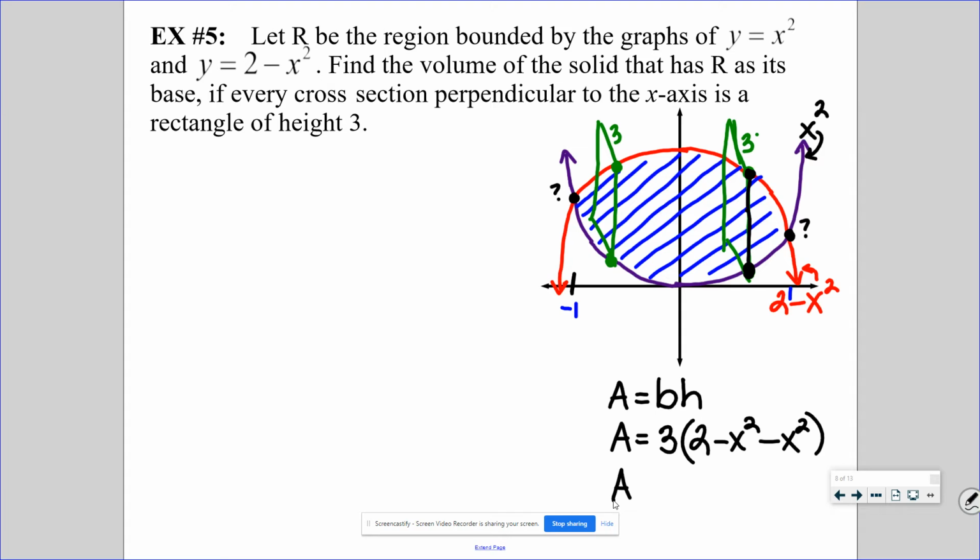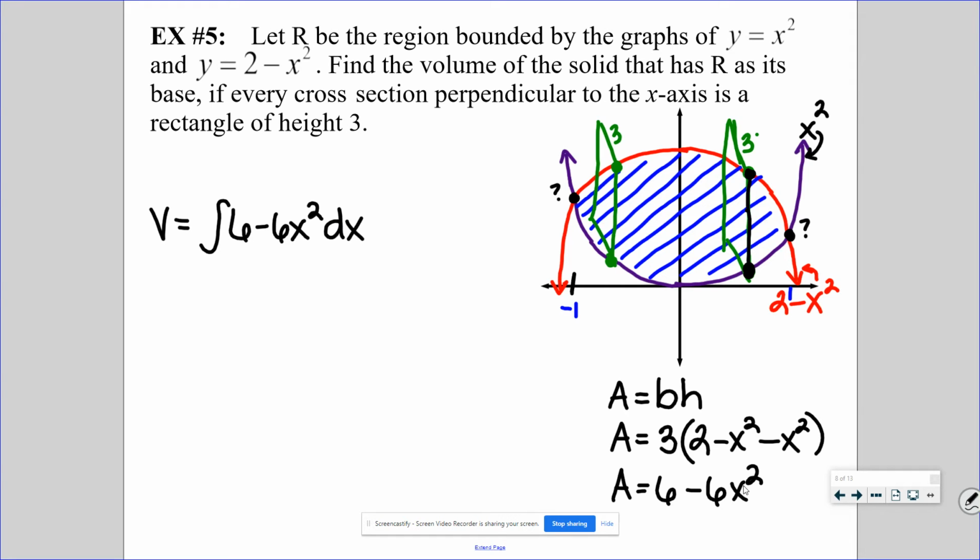And simplify, this would look like 6 minus 6x squared. So that is the area equation for each rectangle. We want to add all those up, so we are doing an antiderivative to add all of them up.